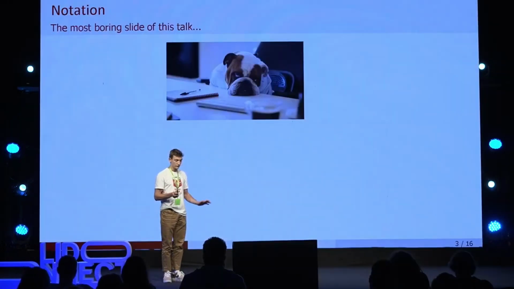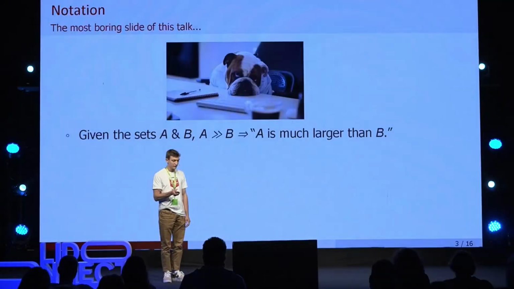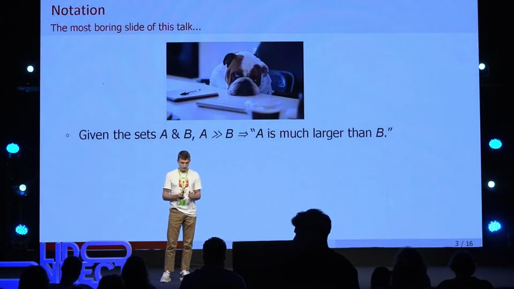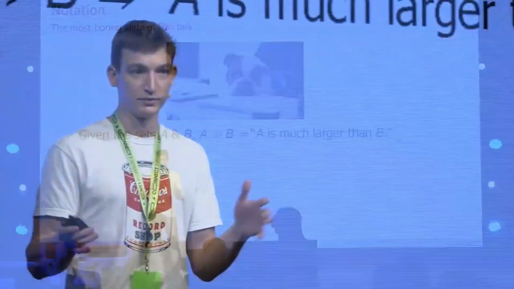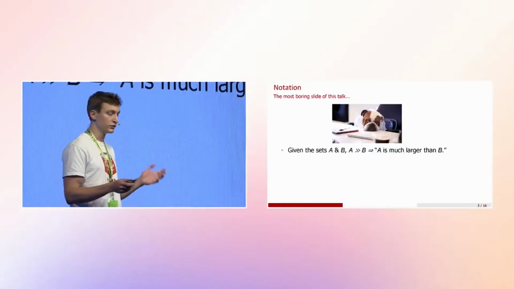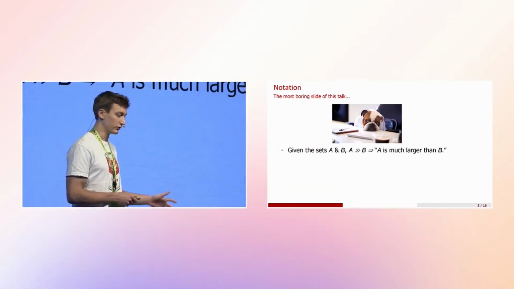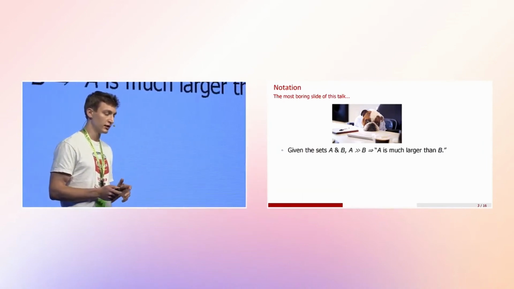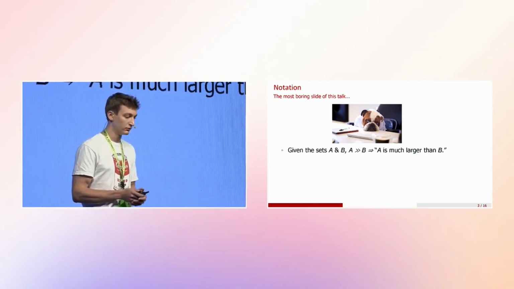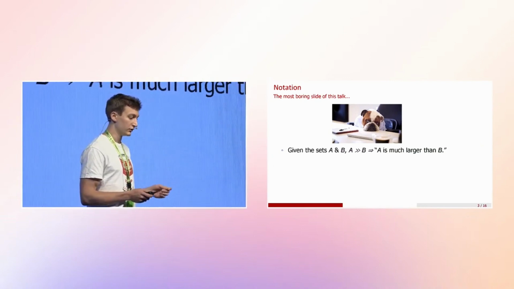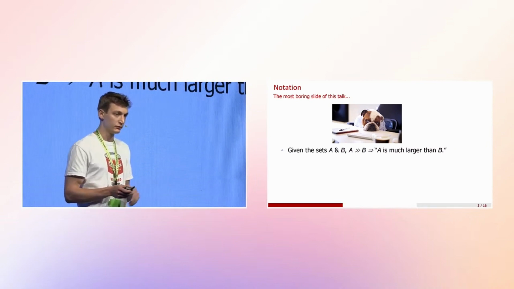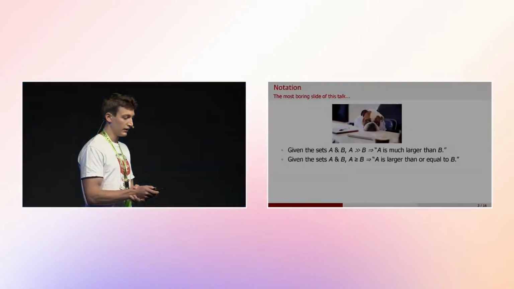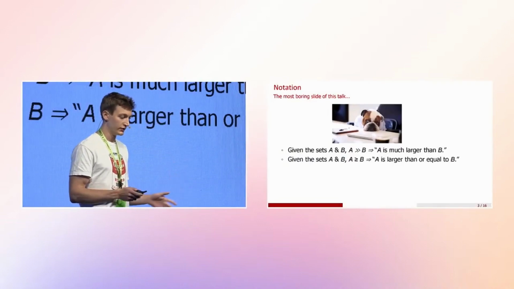Cool. So just quickly, so we're all on the same page, I'm going to be talking about these different sets of people. Sets are like these different participants in the Ethereum network. They're users, stakers, holders. We'll go through them one by one. And when we talk about the relation between these sets, we use a few different pieces of notation that will come up in the following slides. So the double greater than sign would imply that A is a much larger set than B. The rest of the notation is more standard.